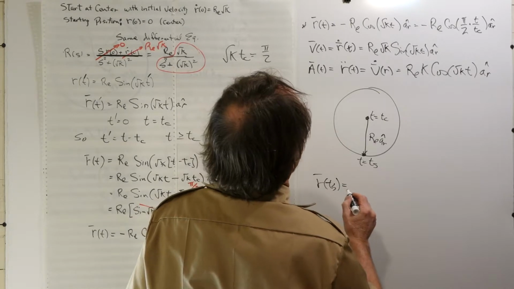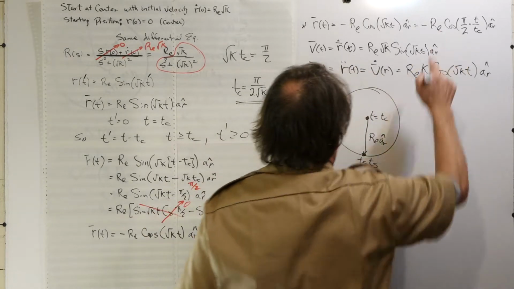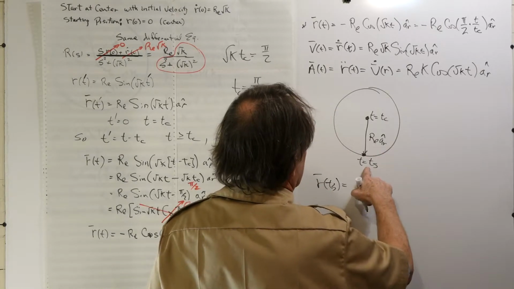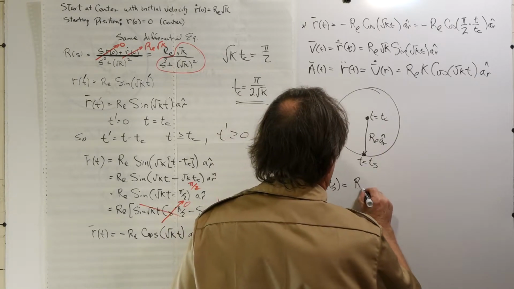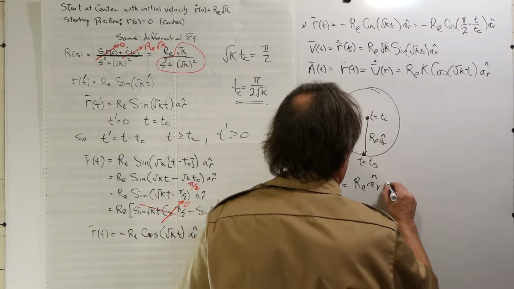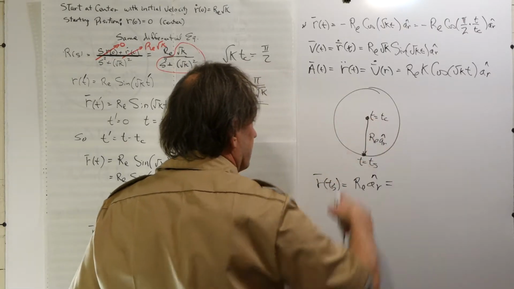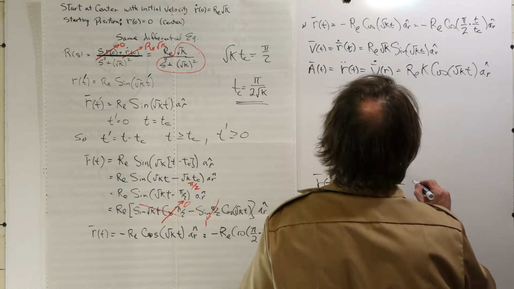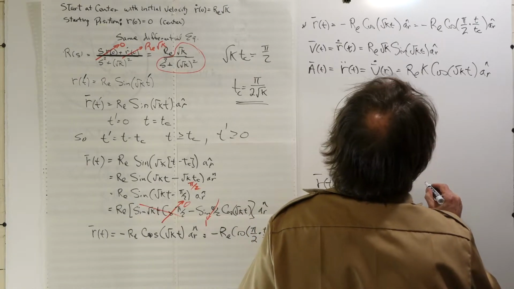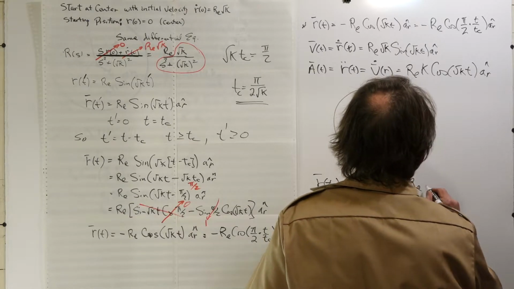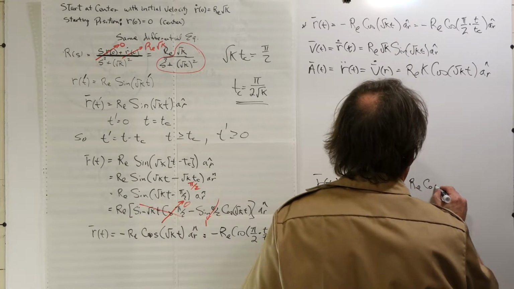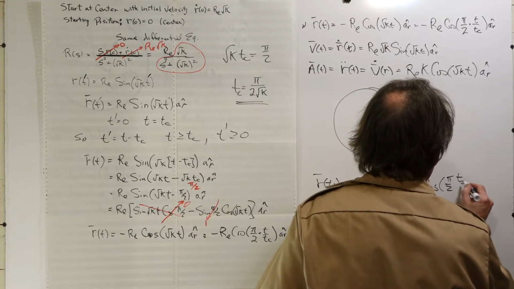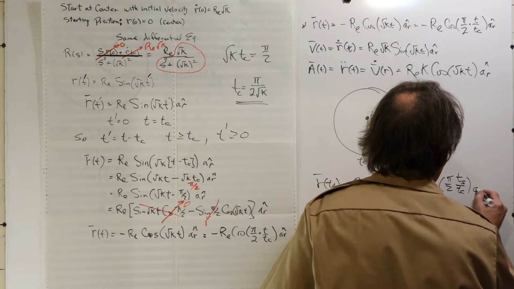So r of t_s is going to be equal to, we'll use this form here, well, r of t_s is just R_E a_r, that's this vector here, and that's equal to minus R_E, the cosine of pi over 2 t_s over t_c.